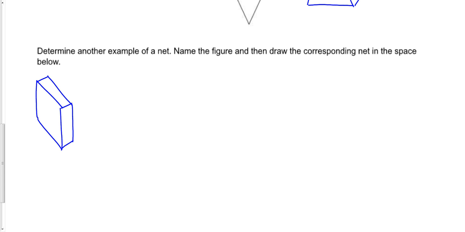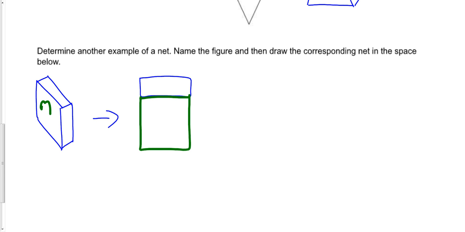If I was to unfold this cereal box, it has a top piece that is rectangular. It has a large middle piece, and I will draw the large middle piece.